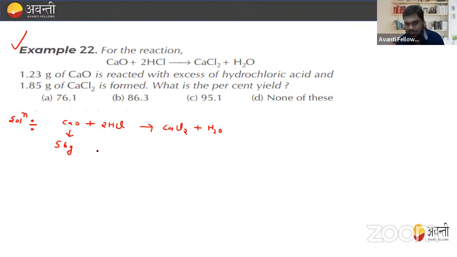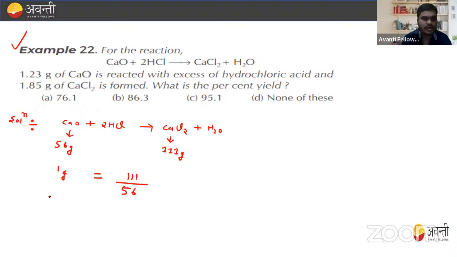It reacts with 2 mole of HCl to produce how much calcium chloride? That is 111 gram, right? So 56 gram of calcium oxide produces 111 gram of calcium chloride. So if 56 gram produces this much, then 1 gram produces 111 divided by 56.